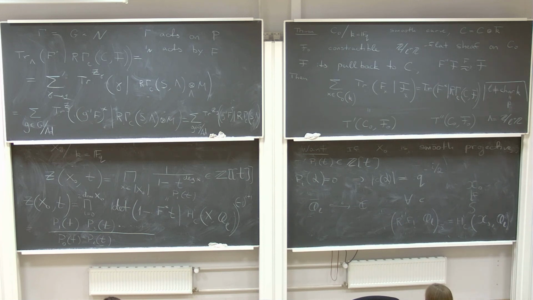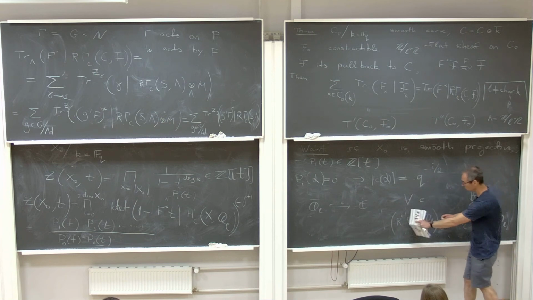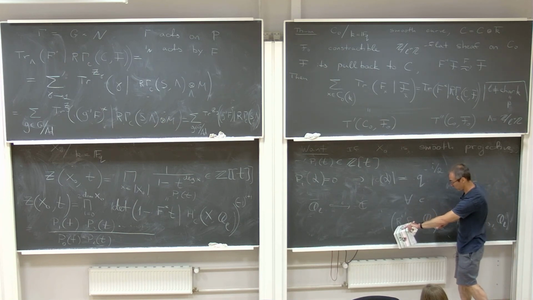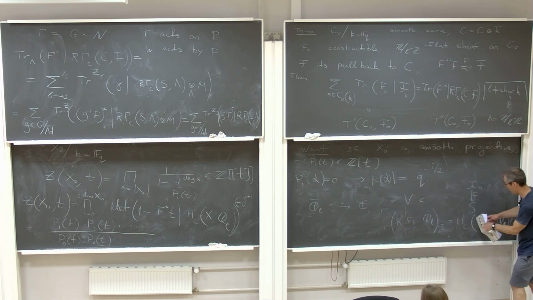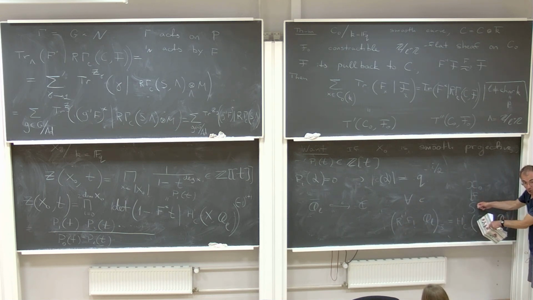So the number of points on all hypersurfaces is controlled by this Lefschetz formula and proper base change by these sheaves. These sheaves live over an open subset of affine space. And then we reduce the statement to the following.